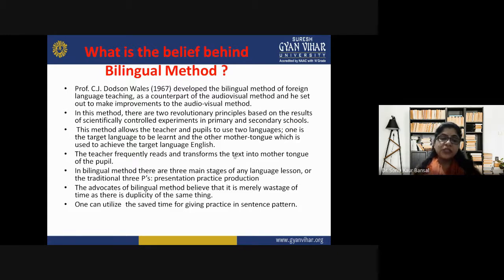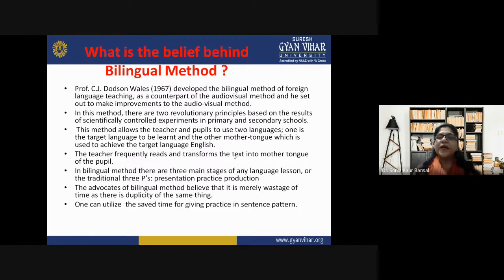In this, the teacher frequently reads and transforms the text into the mother tongue of the pupil. So in the bilingual method, there are three main stages of any language lesson, the traditional three P's we are talking about: presentation, practice and production. I repeat, there are three P's in the bilingual method, which involve the stages of any language lesson: presentation, practice and production.